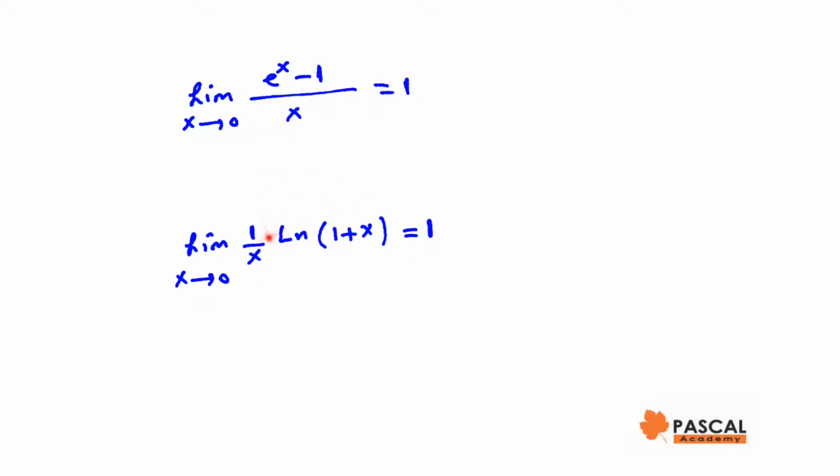We use these limits to find the derivative of f of x equals e to the power of x and f of x equals ln of x. In our next lesson, we see the derivative of e to the power of x is e to the power of x itself, and the derivative of ln of x is 1 over x.